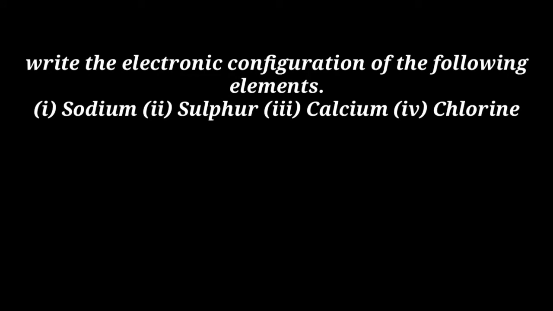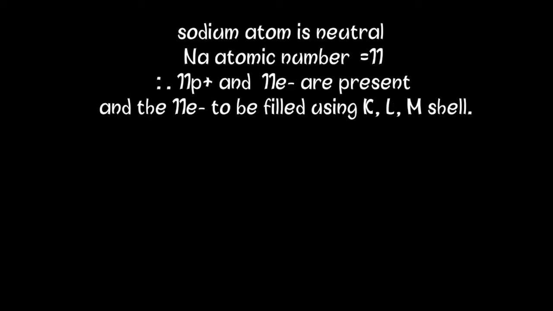Let us take this example as a special element. Write the electronic configuration of the following elements: sodium, sulphur, calcium, and chlorine, using KLMN shell. For sodium, the atomic number is 11. That is to say, since sodium is a neutral atom, it has 11 protons and 11 electrons.